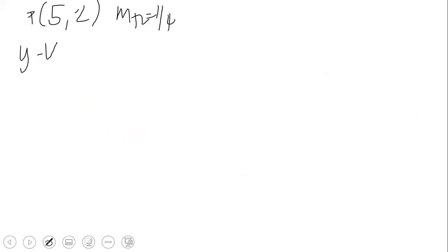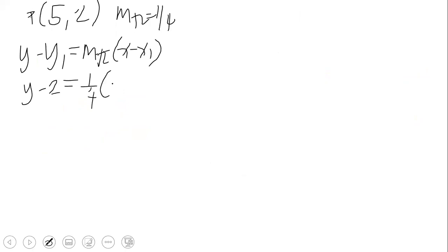So y minus y sub 1 equals the slope of your tangent times x minus x sub 1. That will be y minus 2 equal to 1/4 times x minus 5.